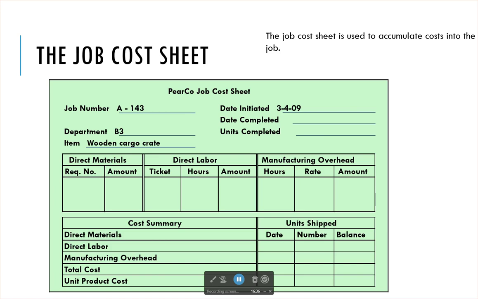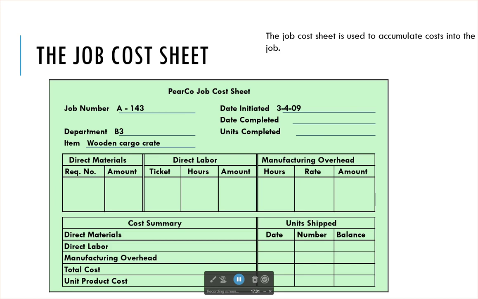It will have your direct materials. That would be the items from inventory, or maybe the items that need to be ordered to repair your car. It'll have manufacturing overhead, which is usually applied based upon some relationship to direct labor. You had that in managerial accounting.